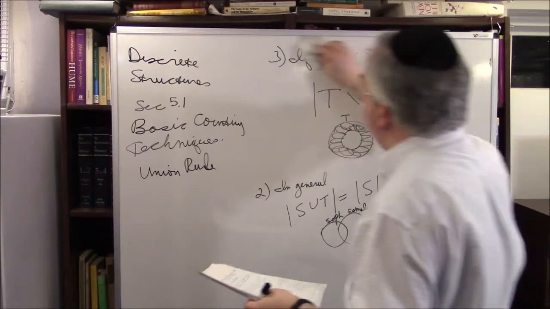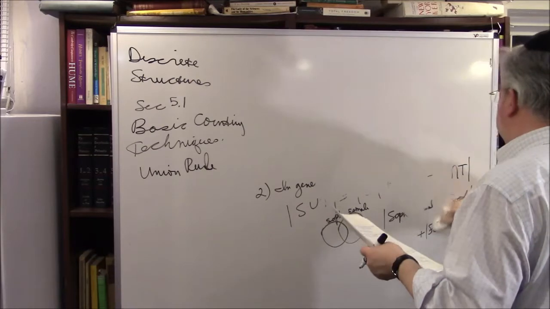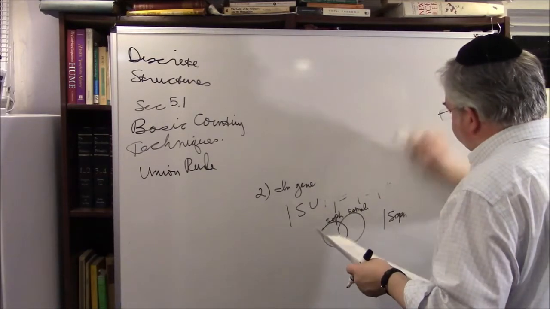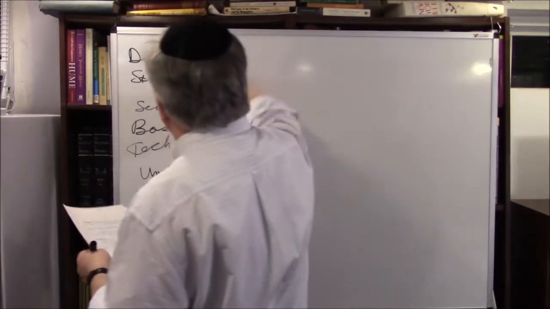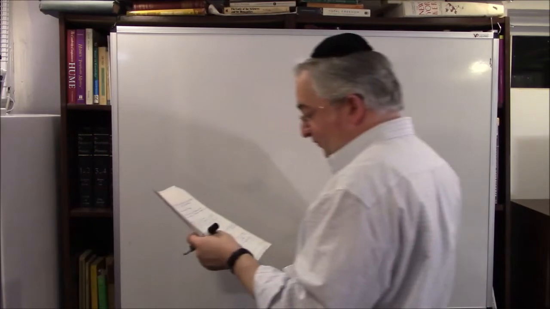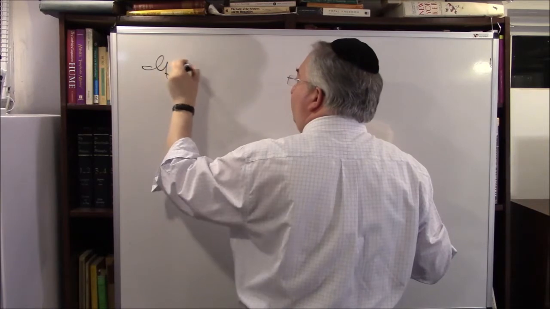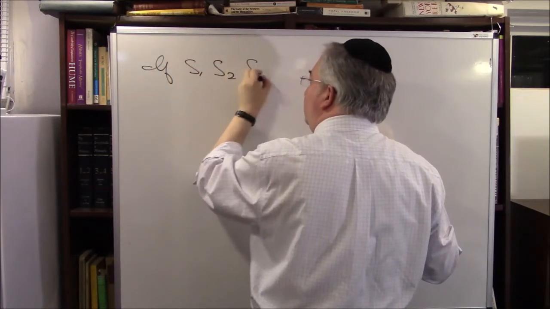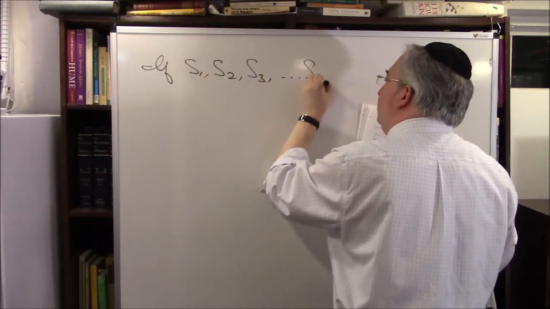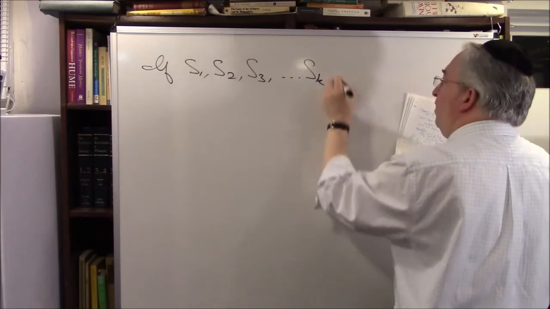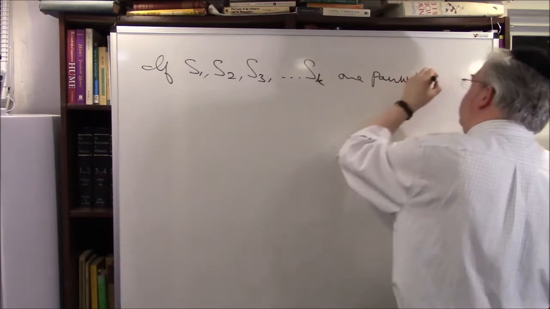But now I want to go another thing. Another consequence of the first part of the rule, is if S1, S2, S3, we have a bunch of different sets, and they are pairwise disjoint.